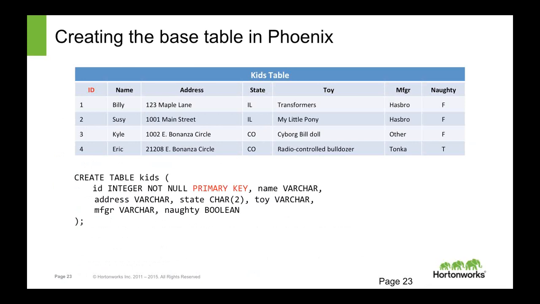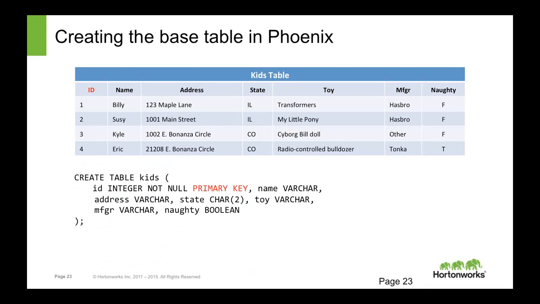And what this doesn't show is also the columns: the name, address, state, toy, manufacturer column. So you could have a kid that just happens to have a gender, and you want to put their gender on there. Susie is listed as female, but nobody else is, so that column doesn't apply to anybody else.